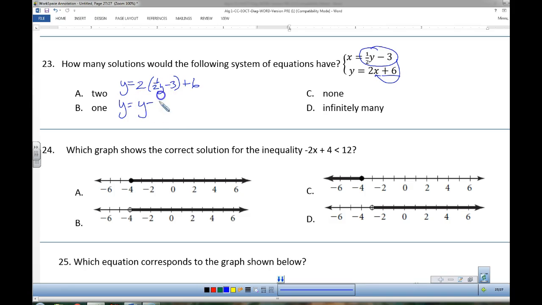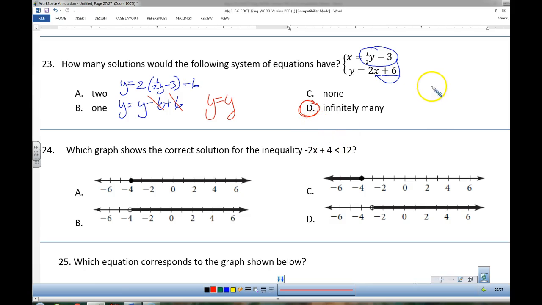Negative 6 plus 6. Well, don't these cancel out, the negative 6 and plus 6? And so I have y equals y. Well, when y equals y, how many points is that? That's every point there is. Infinitely many points. Because any point I think of for y, I have the same value here. So infinitely many times these meet.